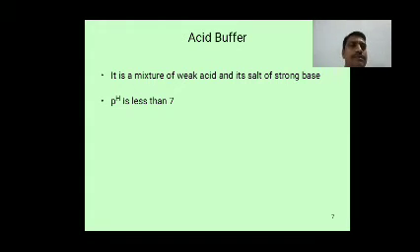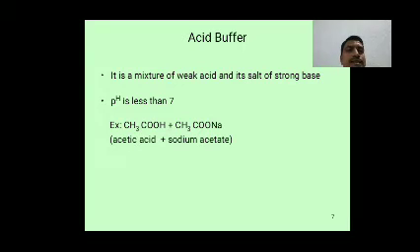For example, acetic acid and sodium acetate, CH3COOH plus CH3COONa, form an acid buffer.